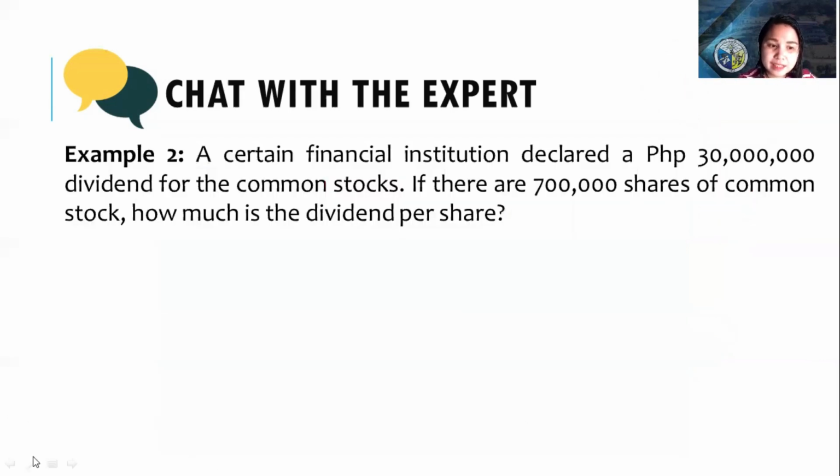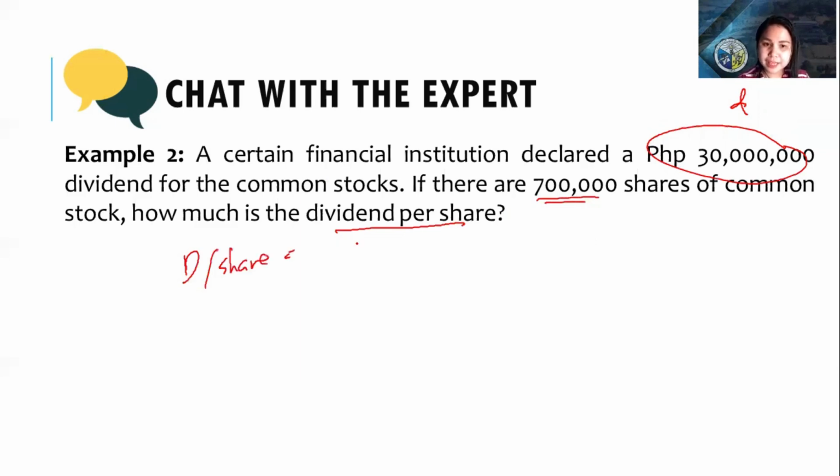Let's have some examples. A certain financial institution declared 30,000 dividend for the common stocks. There are 700,000 shares for the common stock. How much is the dividend per share? To solve for the dividend per share, that will be the total dividend divided by the number of shares.